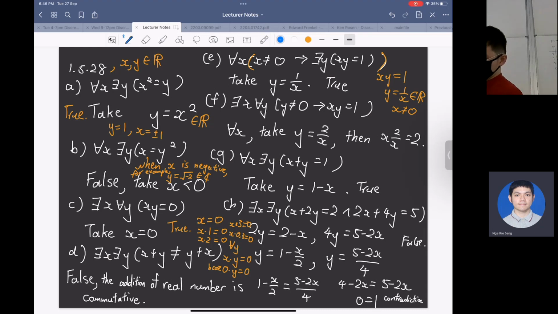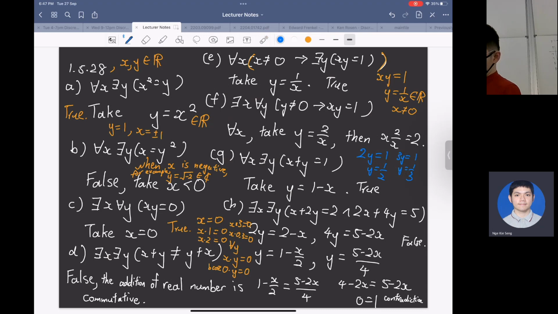So let's try. My first try is there's this x, I just try 2 maybe. 2y equals 1, y equals a half. 3y equals 1, y equals 1/3. So you see, whenever you change this x, y keeps changing.